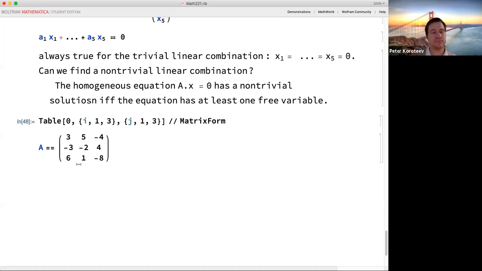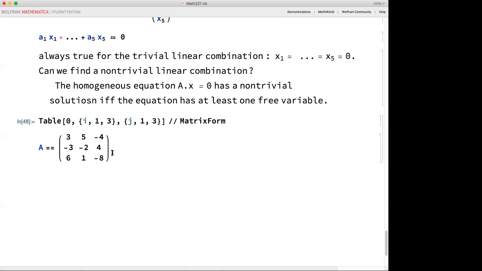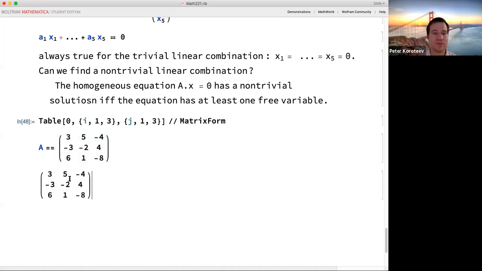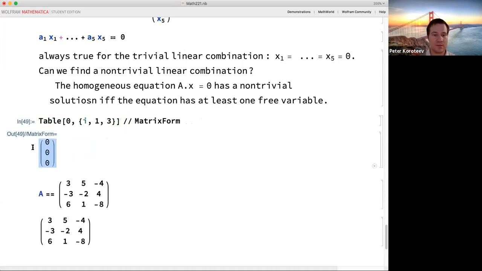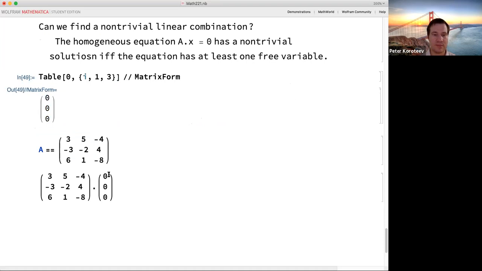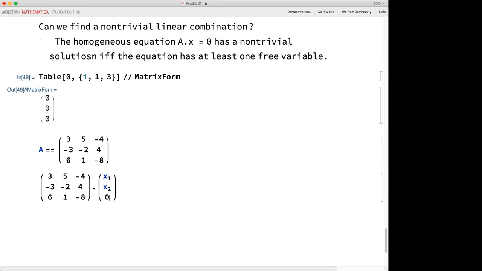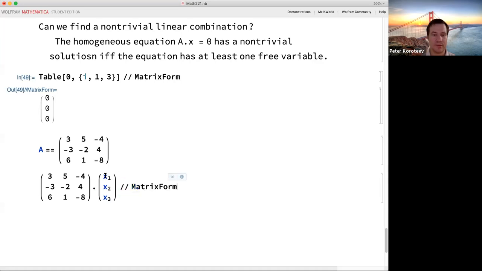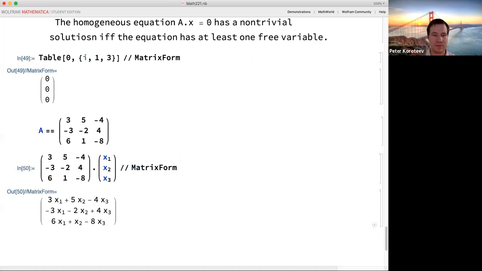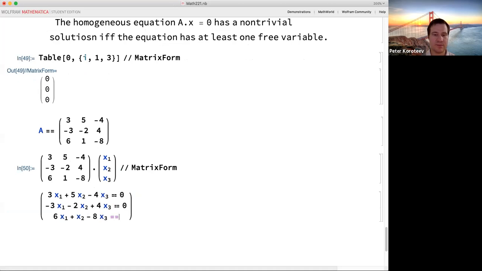And the corresponding system of equations, well, by now we should know this, right? It's this matrix times x1, x2, x3 equal to 0. So this is equal to 0, this is equal to 0, this is equal to 0.